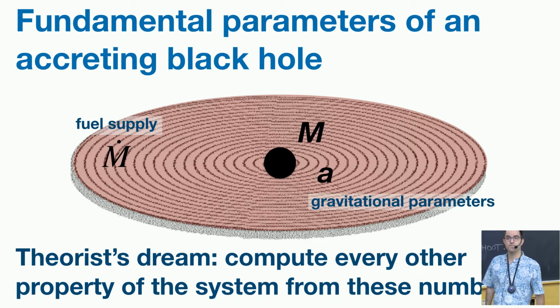Hi. You have a full supply for the mass of the black hole. Do you have something similar for the angular momentum, or is it a fixed parameter in astrophysical situations? The accretion disk is feeding mass, and it's also feeding some amount of angular momentum, which will over time change the mass of the black hole and change the spin of the black hole.